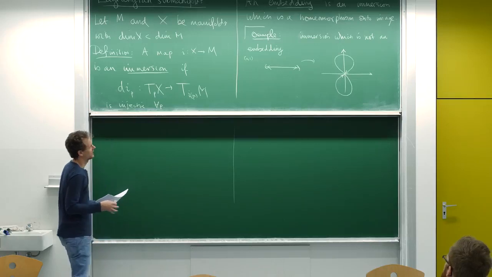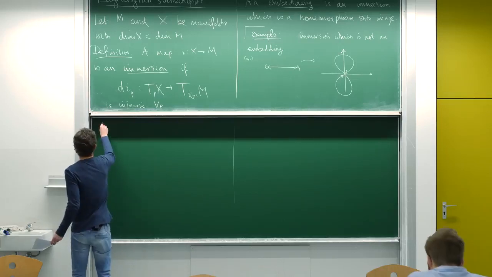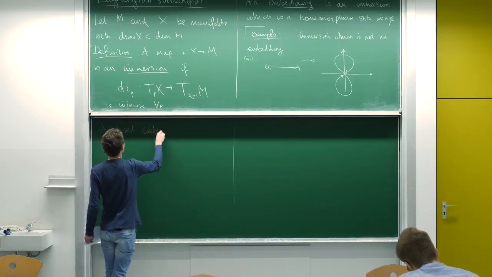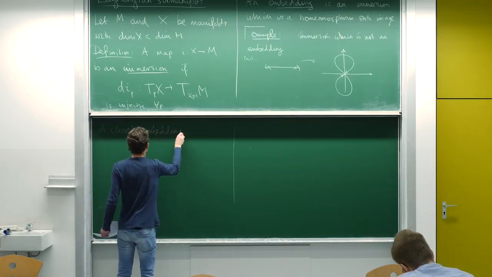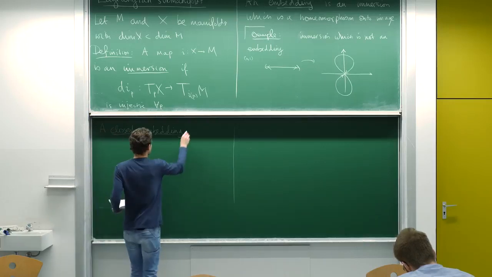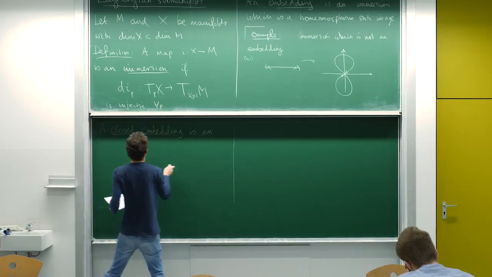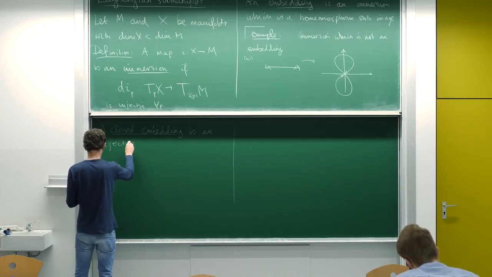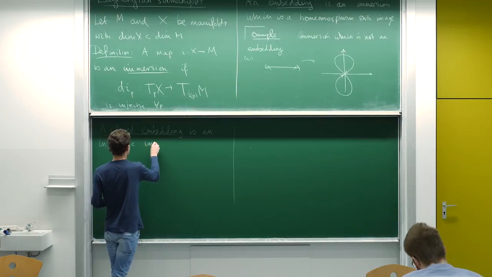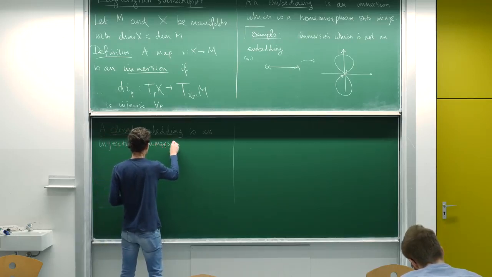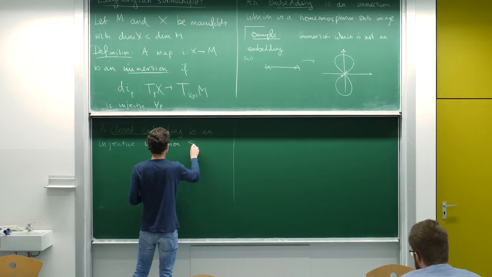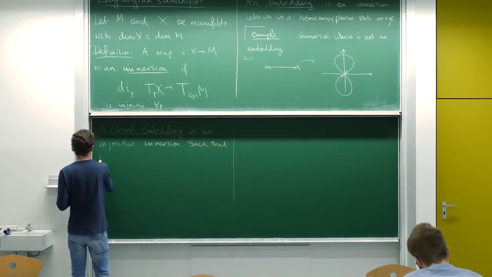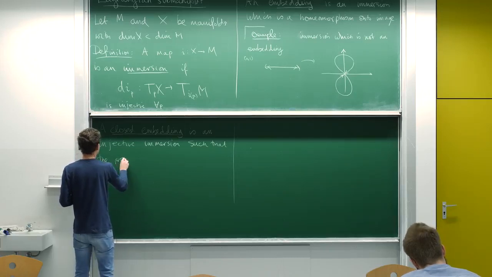So we come up with the notion of a closed embedding. Another adjective. It's an injective immersion such that the preimage of any compact set is compact.